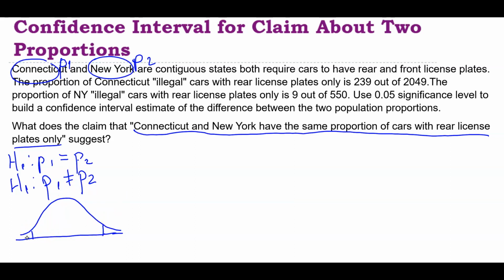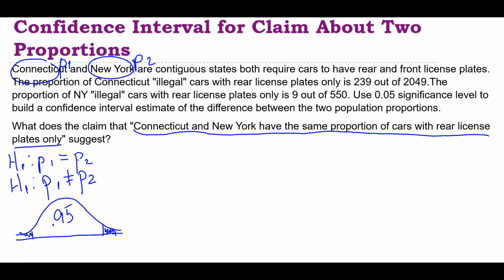Since it's a two-tailed test, our significance level of 0.05 will be distributed in two tails, which will make the non-significant area equal to 0.95. So here's our interval, 0.95. We'll use the graphing calculator and StatCrunch to perform this operation.